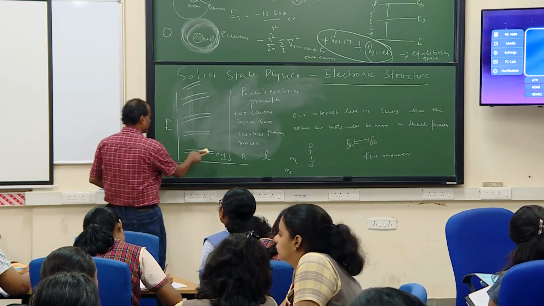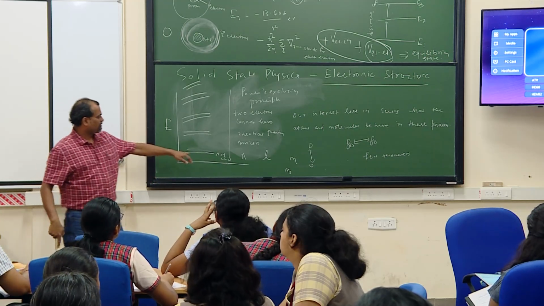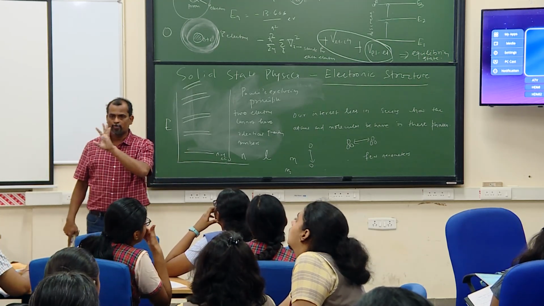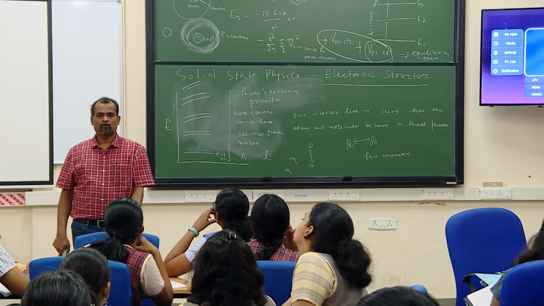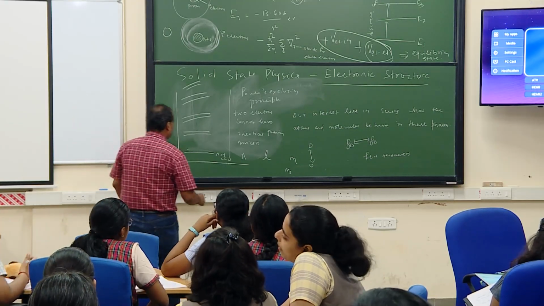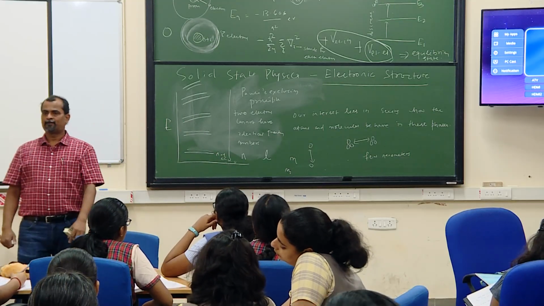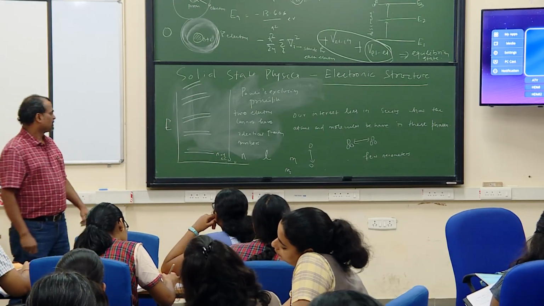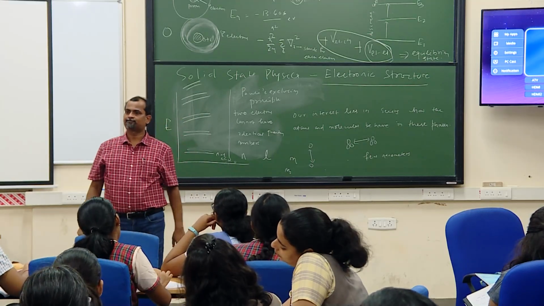To avoid confusion, let's clean this part. N is equal to 1, L is equal to 0, so M is equal to 0. So 1, 0, 0. Correct? Right. So this is the state you calculated from this Hamiltonian.